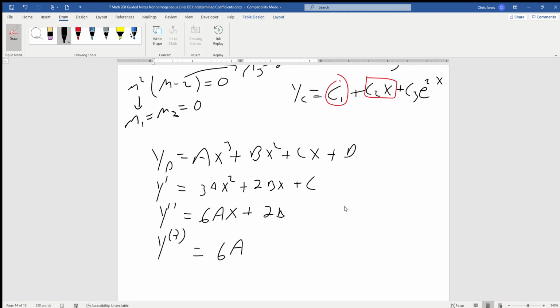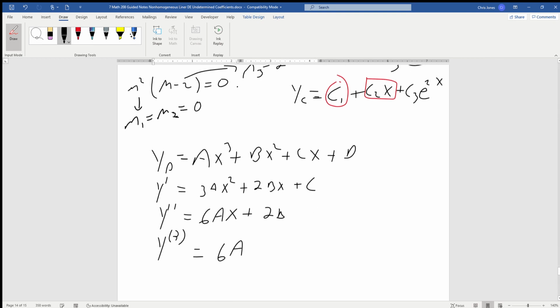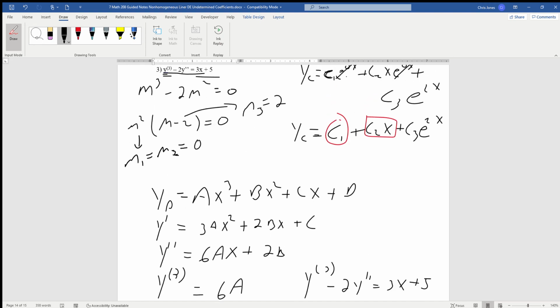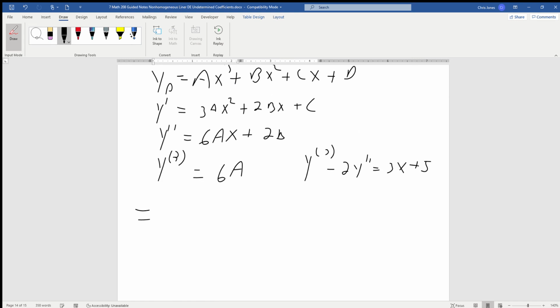Now we substitute those back into our original differential, y triple prime minus 2y double prime equals 3x plus 5. When we substitute back in, this becomes 6a minus 2 times (6ax plus 2b) equals 3x plus 5.